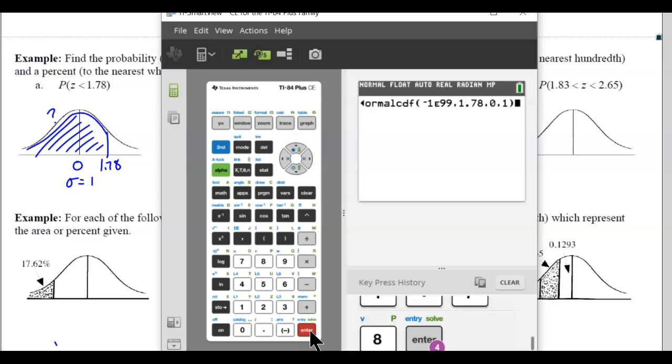If you have an older calculator, then that's how you would enter everything. You do normal CDF, and you would open a bracket, put the lowest, the highest, 0 and 1 with commas in between. If you have an older calculator, that's what you would end up doing anyway, and that's what you will show on your paper.